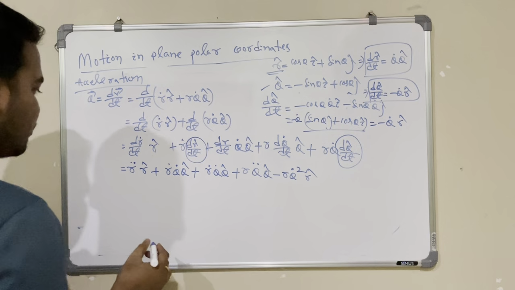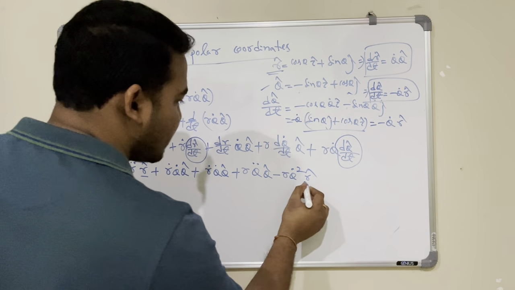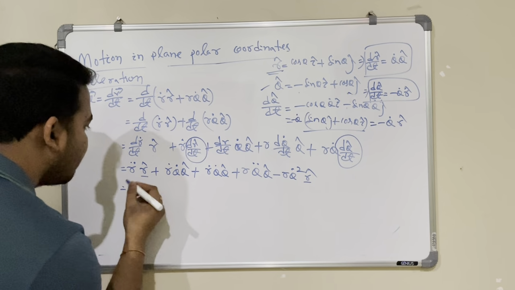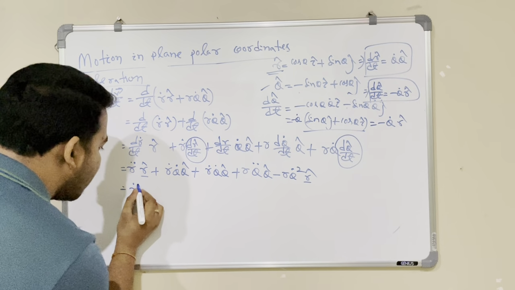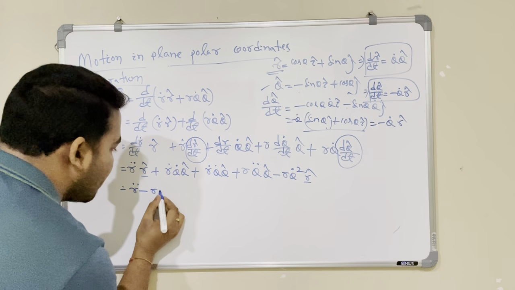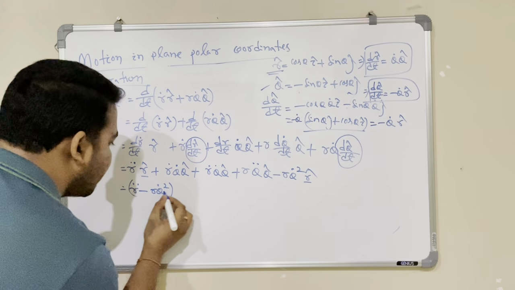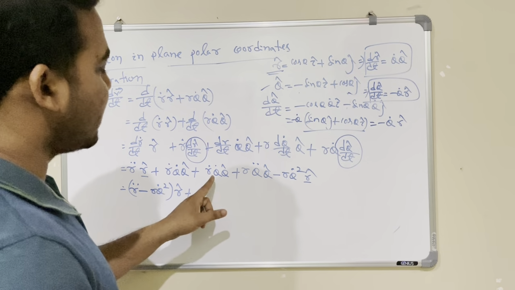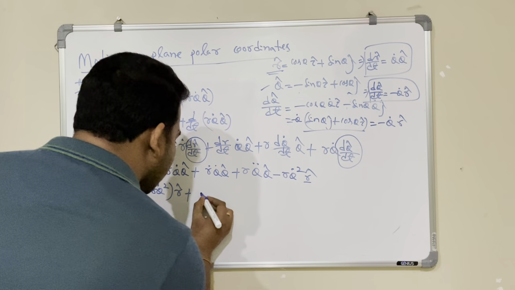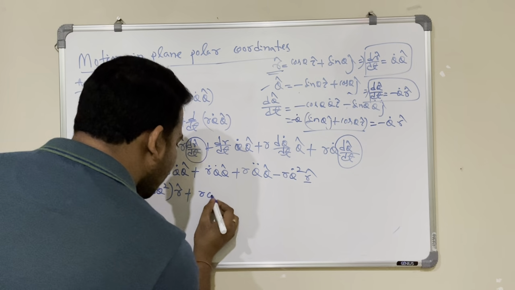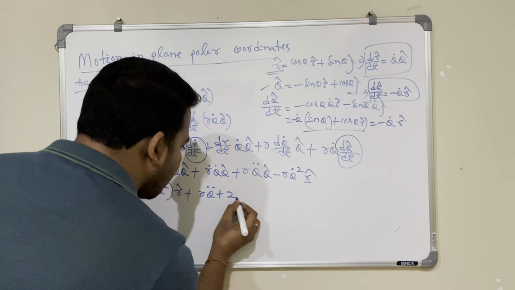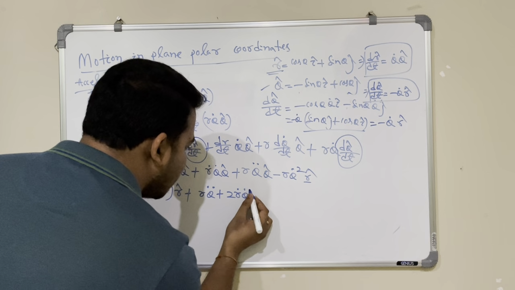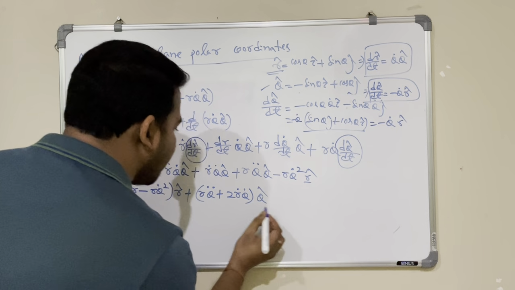Okay, so here is the r cap term, here is the r cap term, we'll bring them closer. So this is r double dot minus r theta dot square r cap, plus r theta double dot plus 2 r dot theta dot theta cap.